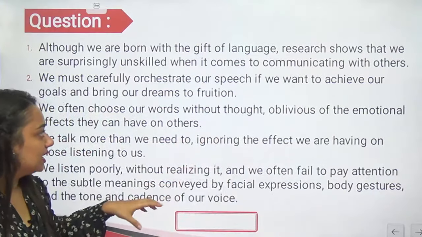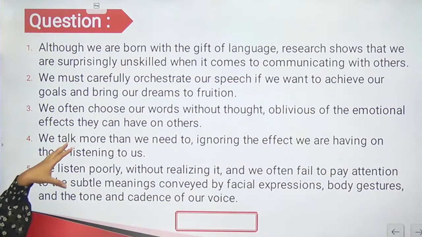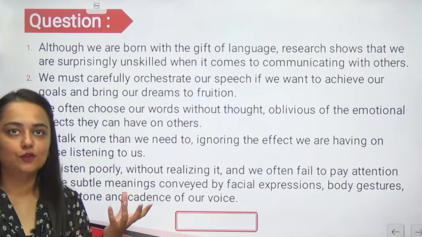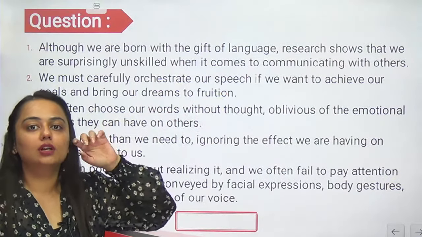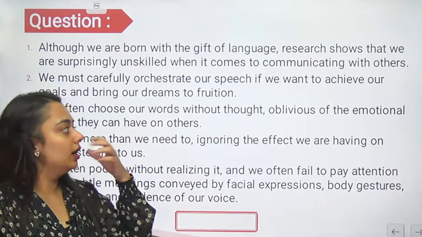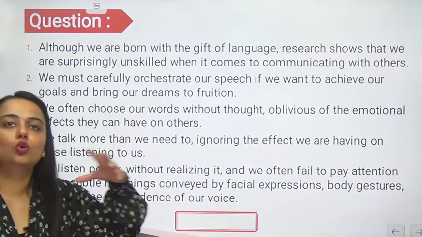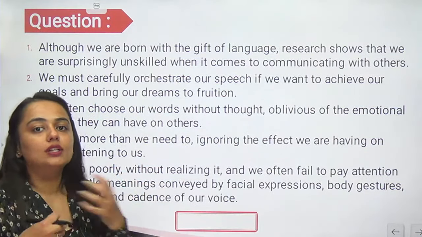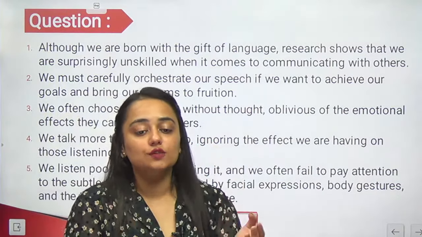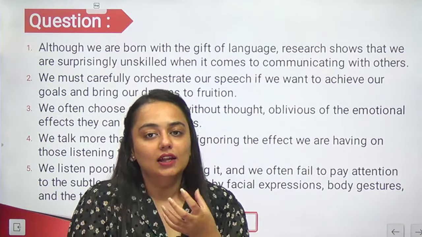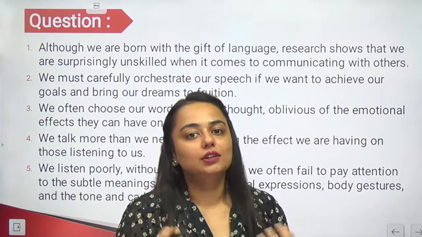So these three sentences are giving us examples of why our communication is not successful. It's just the second sentence, the second option, which is going to an extreme side, because it is talking about fruition of our goals, our dreams, about orchestrating our speech. That is something we achieve at a later stage. First of all, it's very important we have the basic etiquette and manners to communicate properly with the other person.